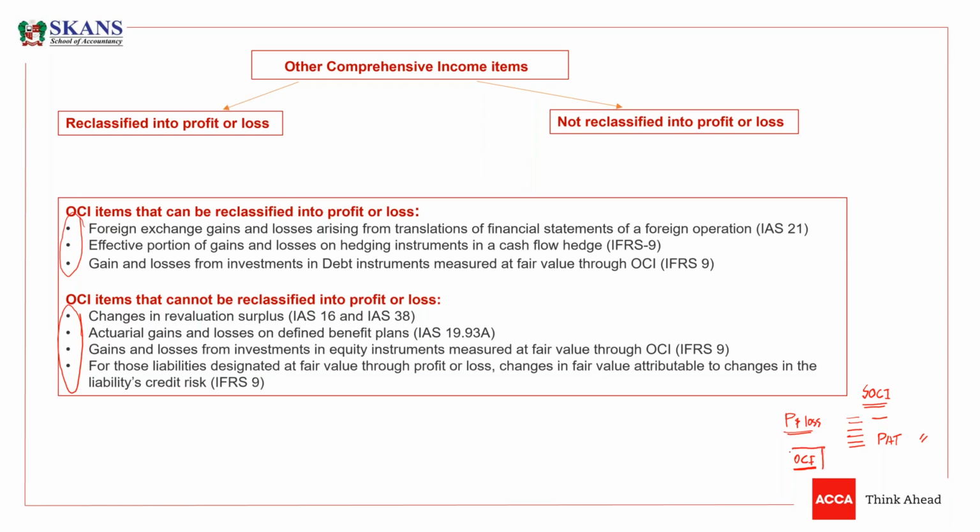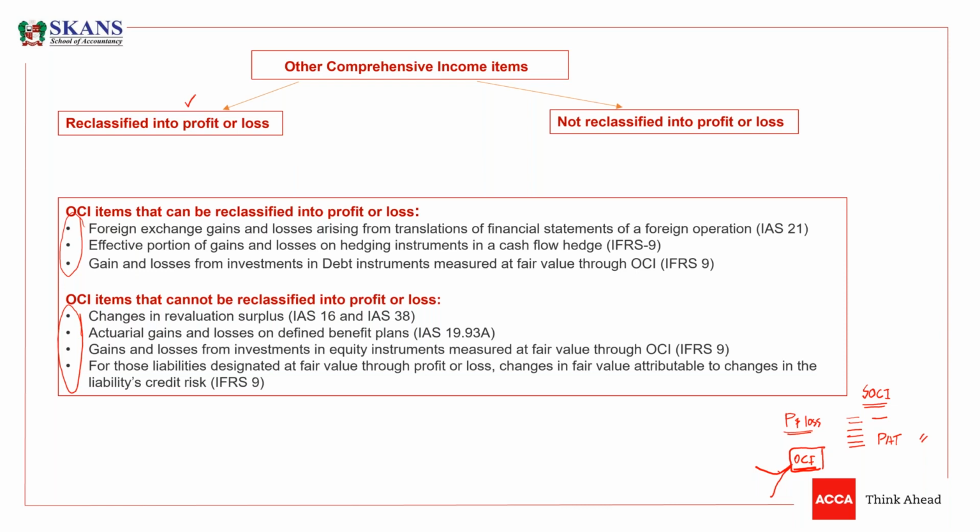The other comprehensive income is the area that we need to divide further into 2 categories. Some items are recycled to P&L at some point of time.